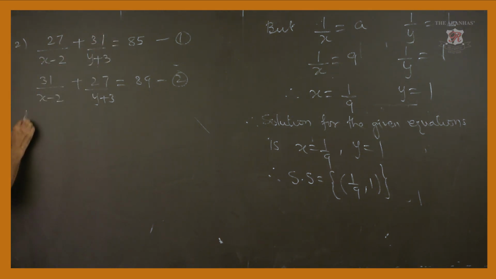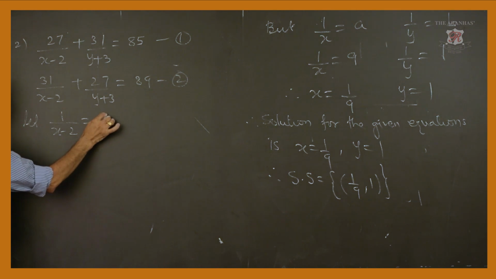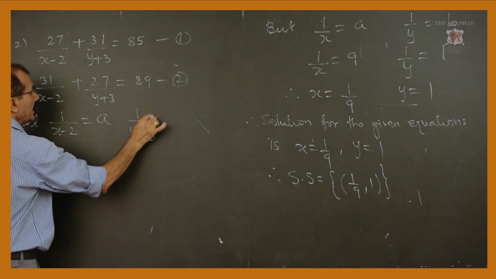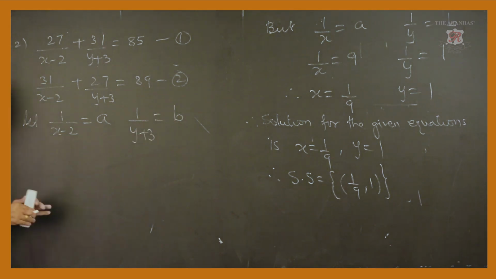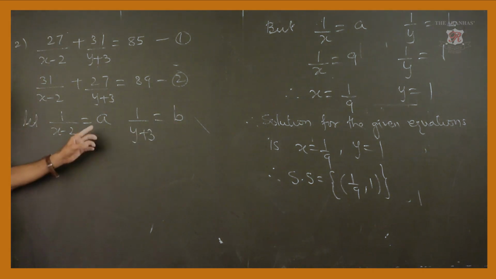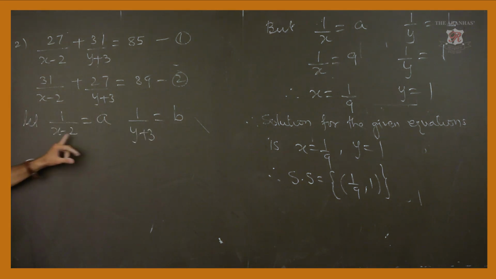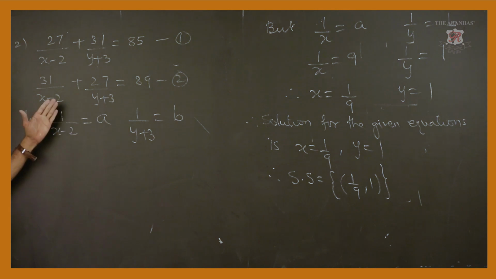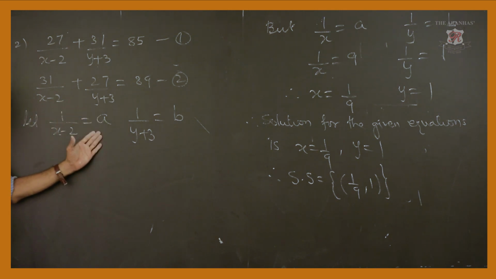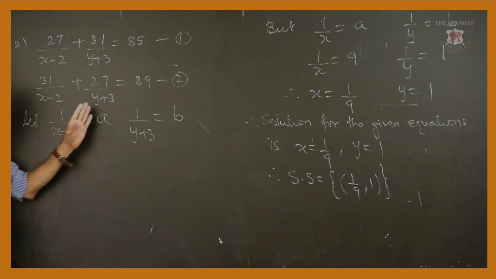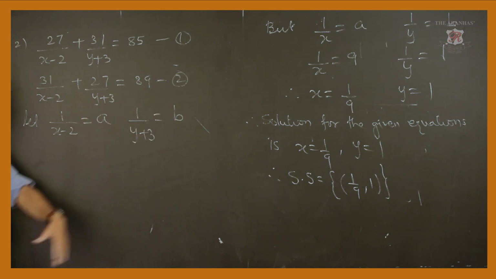So you say let 1 upon x minus 2 is equal to A and 1 upon y plus 3 is equal to B. There is no hard and fast rule about why to use A and B. You can use any variable other than x and y. You can take here 1 upon x minus 2 is equal to m, 1 upon y plus 3 is equal to n. Any variable you can choose here.